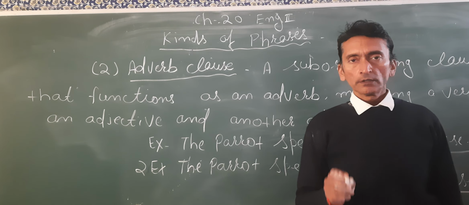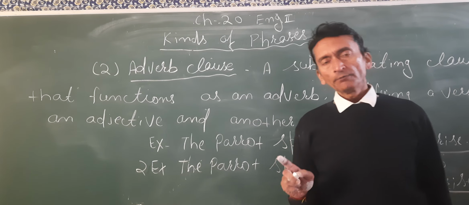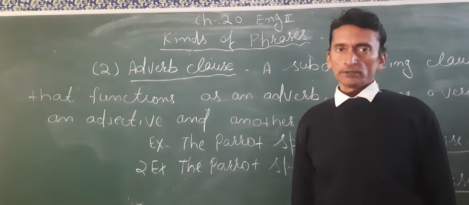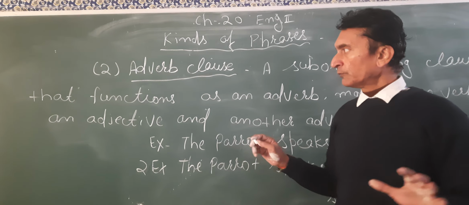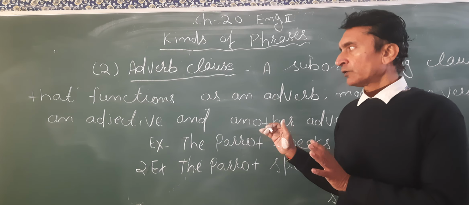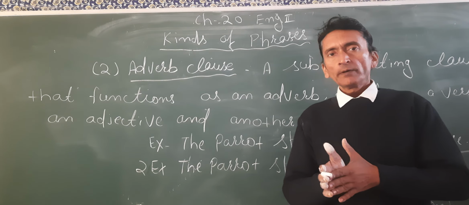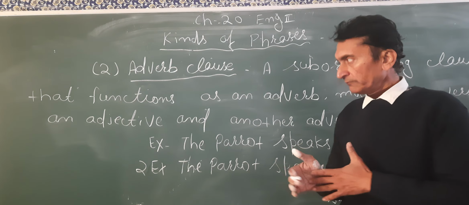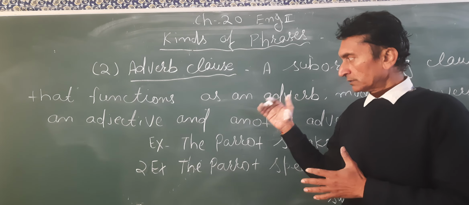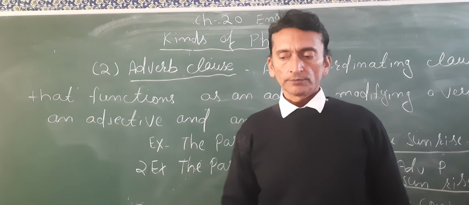If you have learned subordinating conjunctions by heart, you can easily identify an adverb clause in a sentence. Let me write some more examples on the blackboard so that you can identify it in a very easy way.